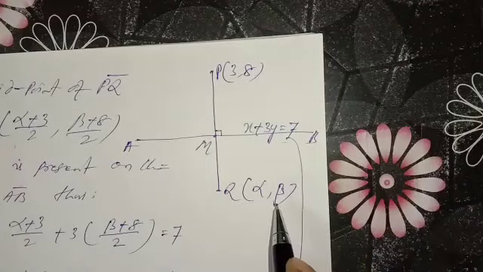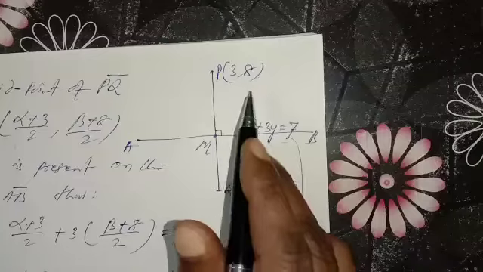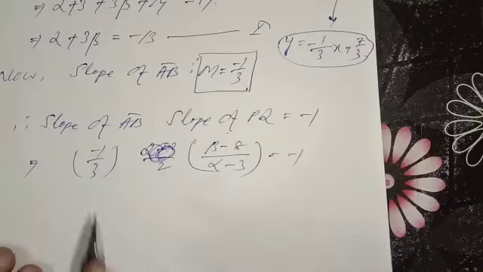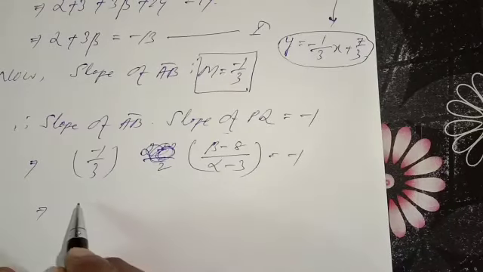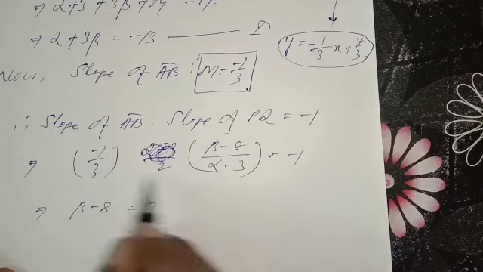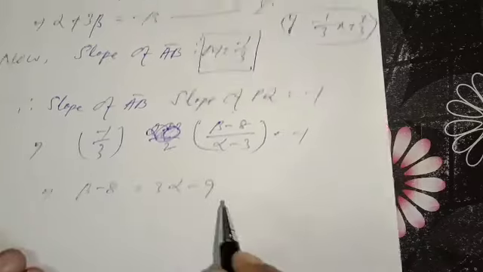The slope of PQ means the difference in y coordinate divided by the difference in x coordinate: (beta - 8)/(alpha - 3) = 3. Then beta - 8 = 3 alpha - 9.